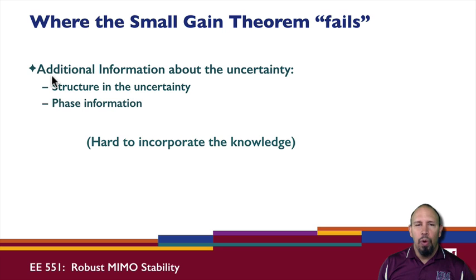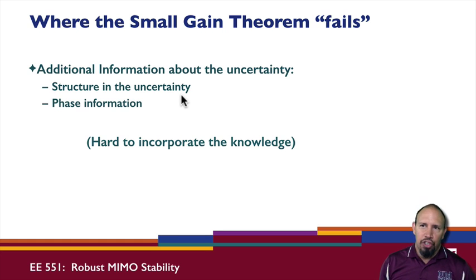And where the small gain theorem fails is if we have additional information about the uncertainty. So, for example, the uncertainty has structure to it. So, in the cases we've been looking at, our uncertainty is a matrix.